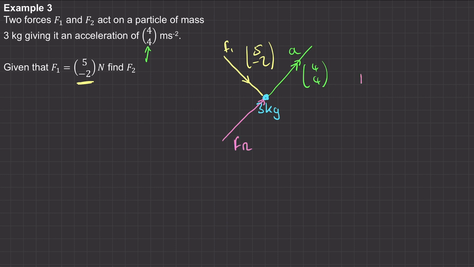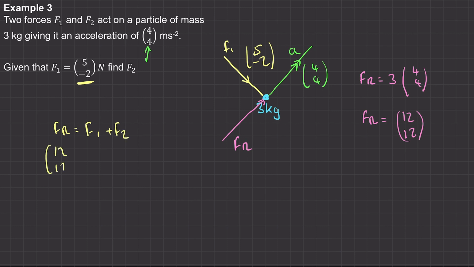But we know Fr is equal to the mass of 3 times the acceleration of 4 and 4. So Fr must be equal to 12 in the i and 12 in the j. We also know that Fr is the sum of the two forces. So 12 and 12 must be equal to 5 and negative 2 plus F2, which we can say is x and y.